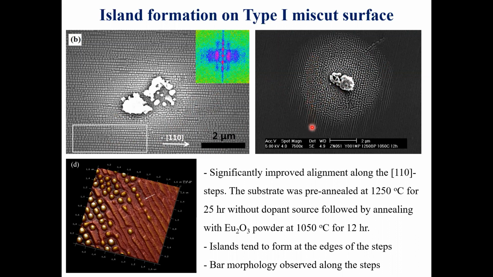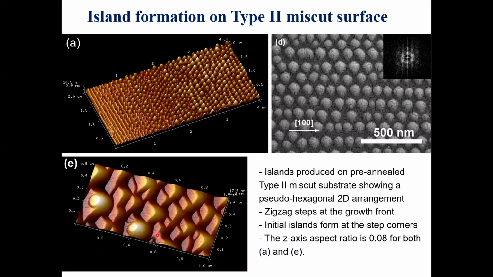If we go further, we see nano-bars, which will eventually chop into nano-islands. And we can see the nano-islands form along the steps. So these are nucleating along the steps. The steps that we create intentionally actually help form the nano-islands.